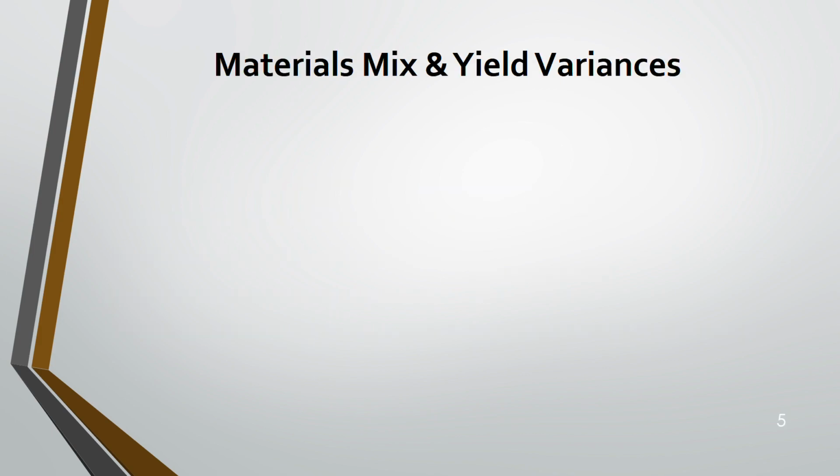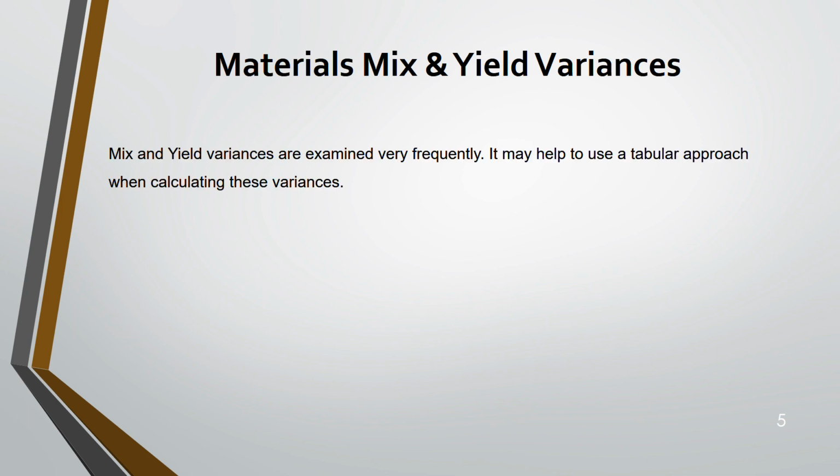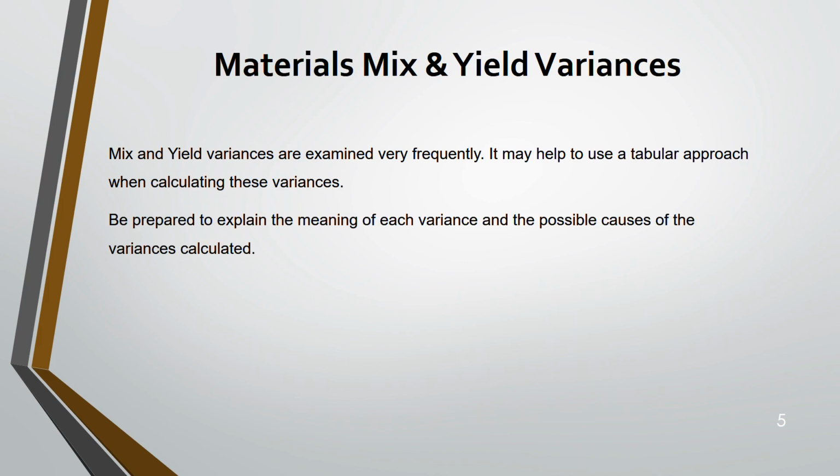Now, coming to the next type of variance, materials mix and yield. This variance very frequently comes. It's useful if you produce this in a table form. You have to be prepared to explain the meaning of each variance and also the possible causes of why that variance occurred.